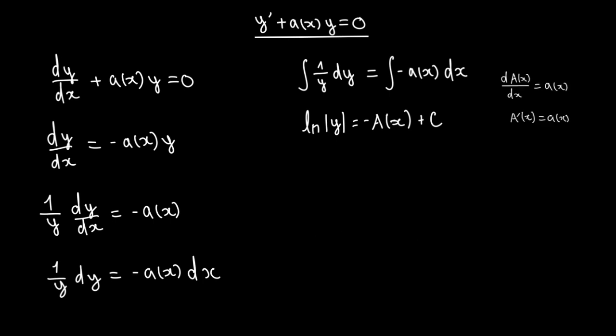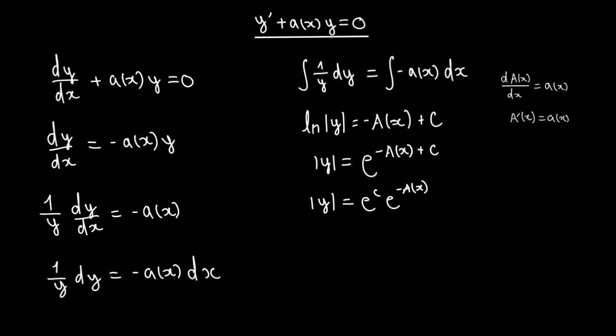And so taking the exponential on both sides, we have that the absolute value of y is equal to e to the minus capital A of x plus c, where we add c into the exponential. And so the absolute value of y is e to the c times e to the minus capital A of x, where we have used the exponential property.